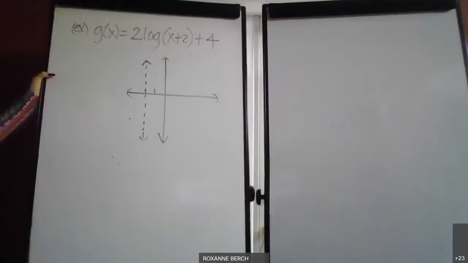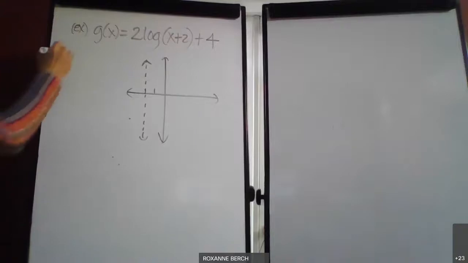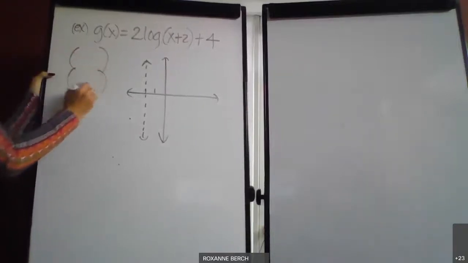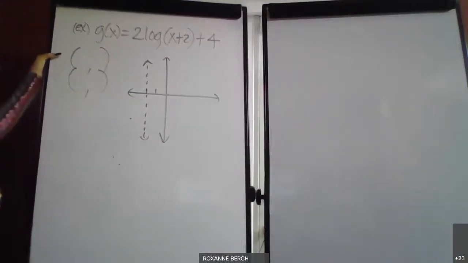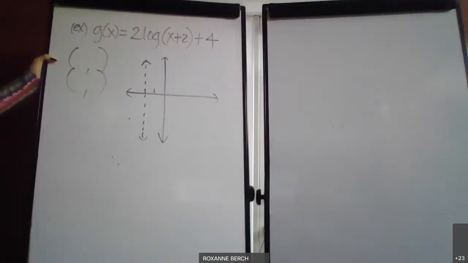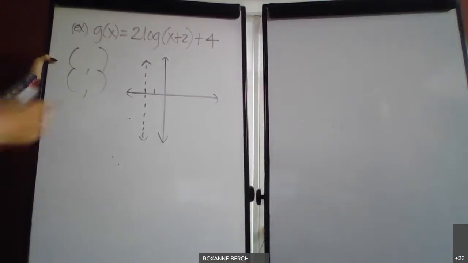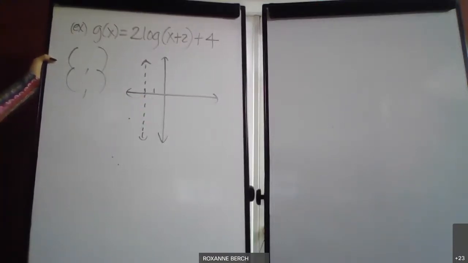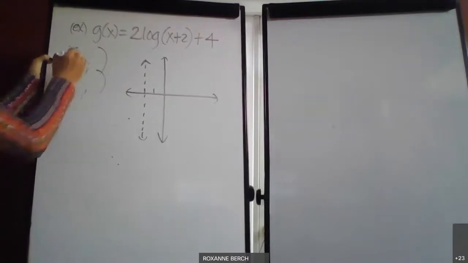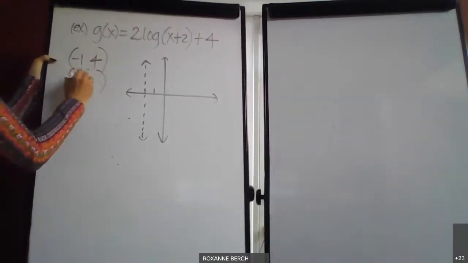Okay, what points did you get at the end to graph? What were your final points to graph? I got -1, 4, and 8, 6. Okay, that's correct.